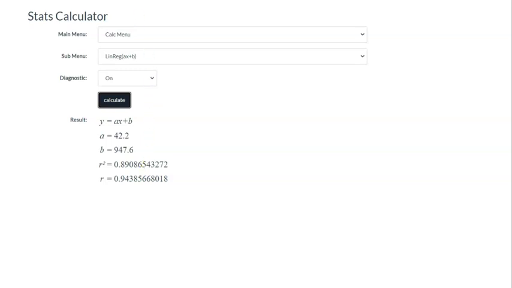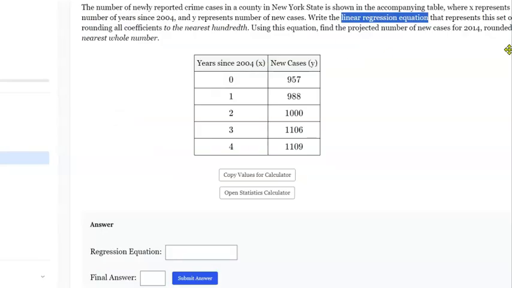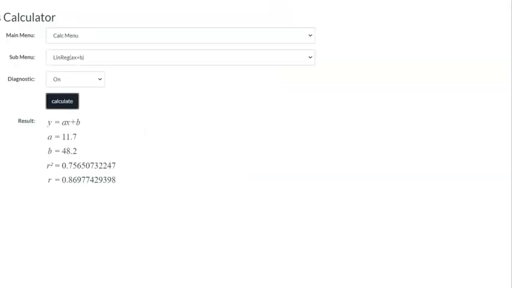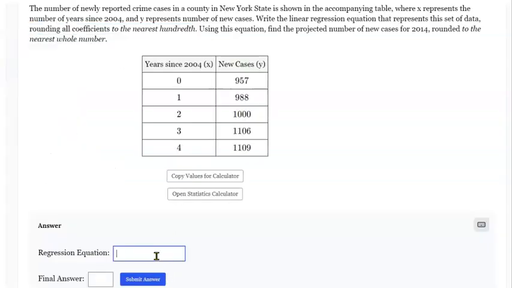The question asks you to round all coefficients to the nearest 100th. I'm going to go back and take a look. Oops, sorry, here we go. And it looks like my values only go to the nearest 10th. So y equals 42.2x.